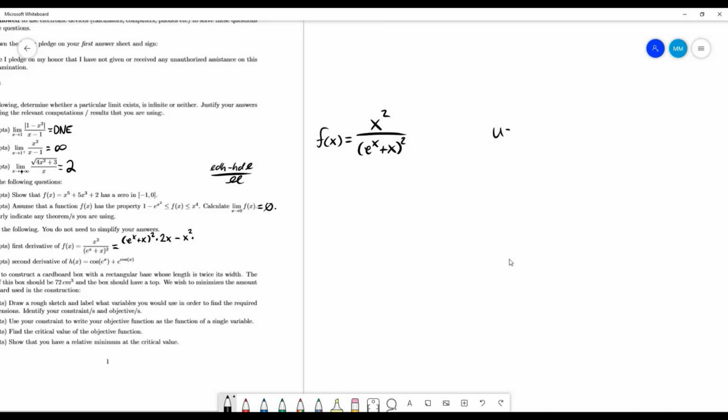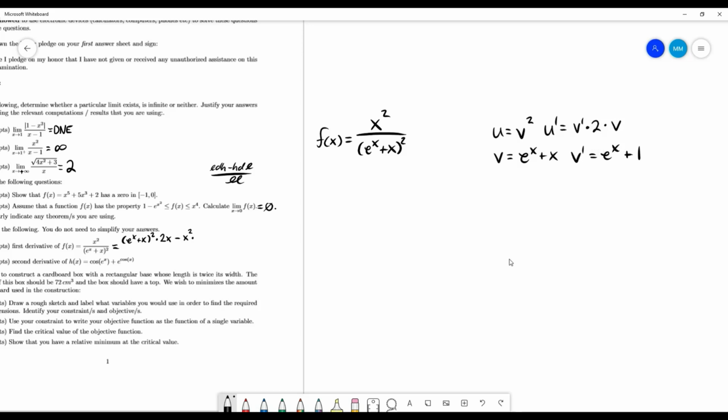So I'm going to say my outside is something squared, and my inside is e to the x plus x. Where this, of course, we can use that sum rule. So the derivative of e to the x is just e to the x. The derivative of x is 1. So the derivative of this top is going to be the derivative of the inside times that power times the inside, right?